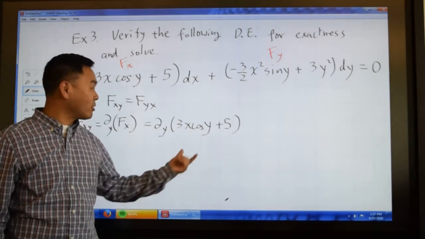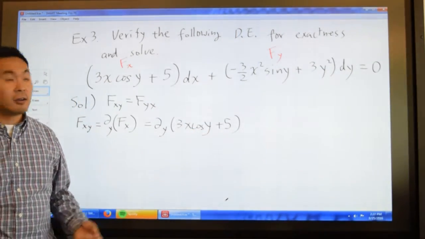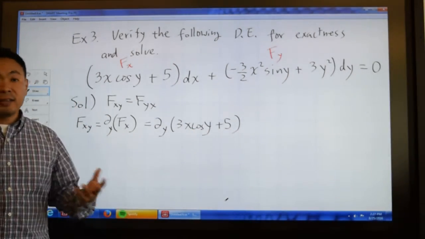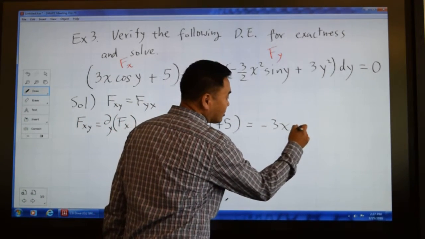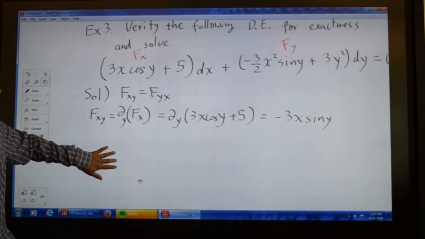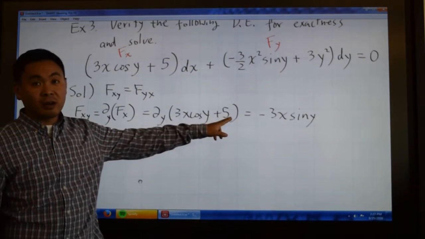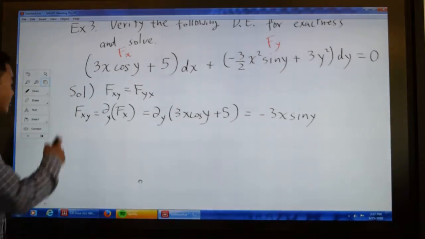So only thing that you have to differentiate is cosine y. What do you get if you differentiate cosine y by y? Negative sine y, right? So you get negative 3x sine y, and if you differentiate 5, that's equal to 0 because it's constant. Constants always differentiate to 0. So that's what you get as fxy.